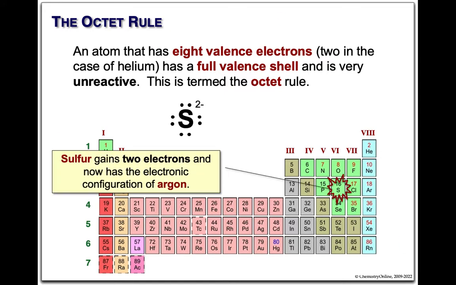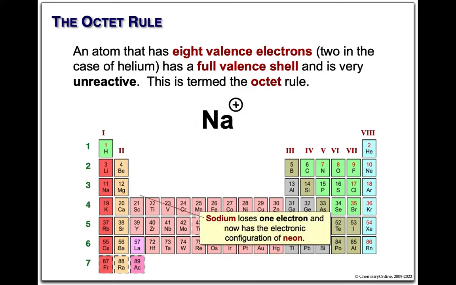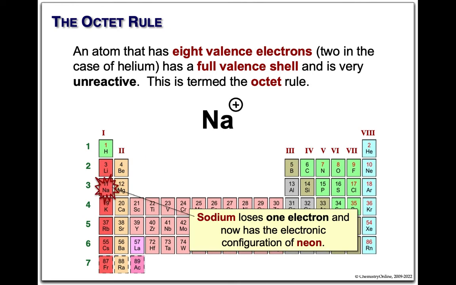Once again, this gives us the configuration of argon. Sodium. We had 1 electron here. We got rid of it. And we formed the sodium cation. Sodium starts here. When we get rid of this electron, we wind up with the electron configuration of neon. The whole point of this is to generate 8 electrons in the valence shell. Make sure nothing is unpaired.